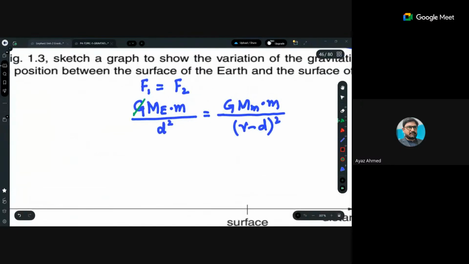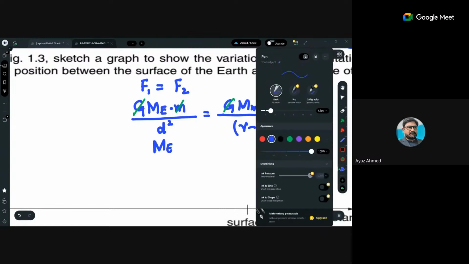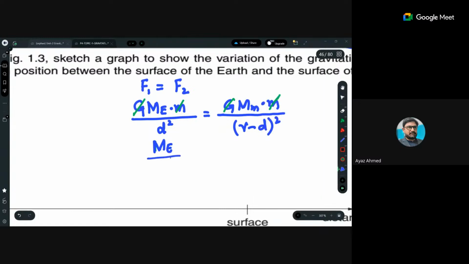Then G will be cancelled by G, small m will be cancelled by small m, and you will have this formula, mass of earth divided by mass of moon, and then mass of moon divided by (r minus d) whole square.